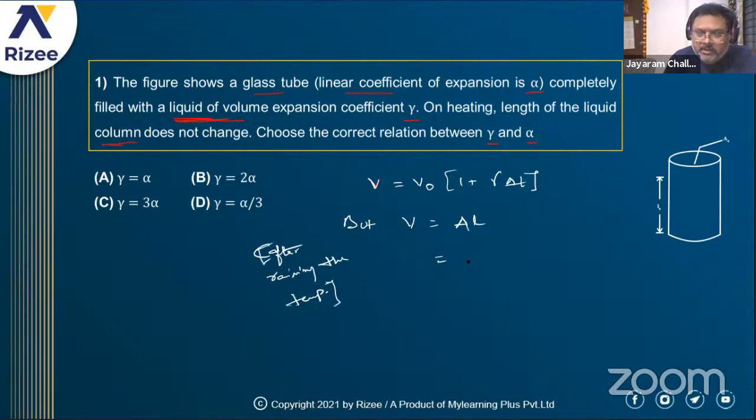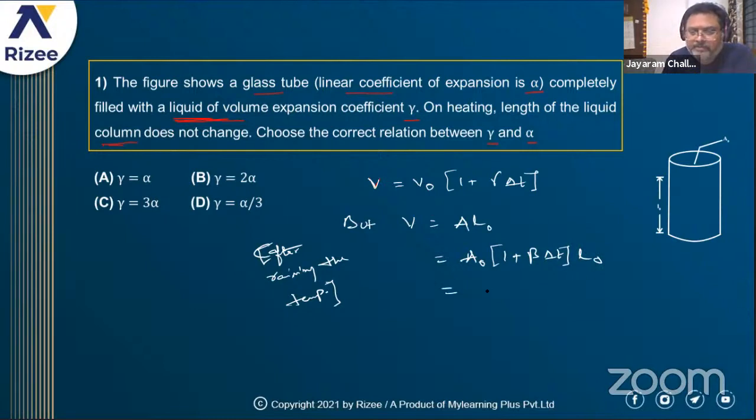So the change in the area can be written as the initial area into 1 plus beta times the rise in temperature, into length. Since length is not changing, it is only the initial length L naught.